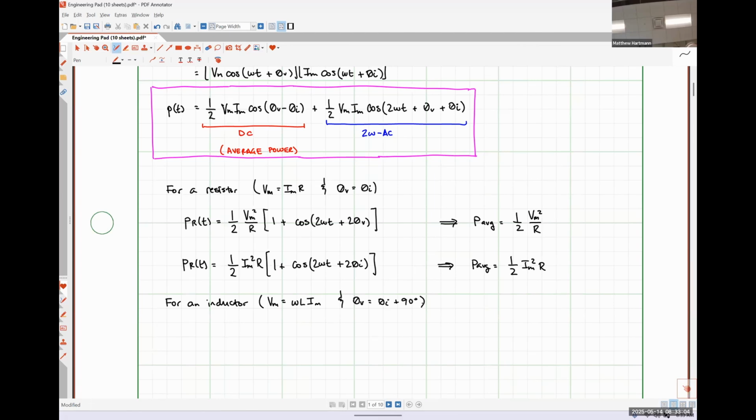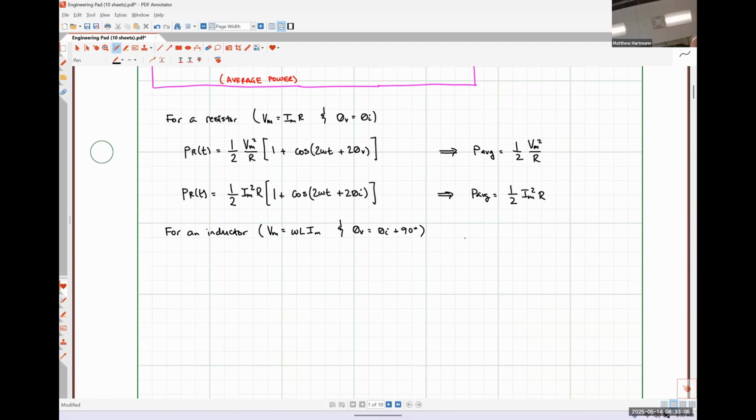So if I use these relationships, in terms of voltage, I'm going to get 1/2 Vm squared over omega L, right? So I can say that Im is just Vm over omega L, multiply that by another Vm, and we get that result.